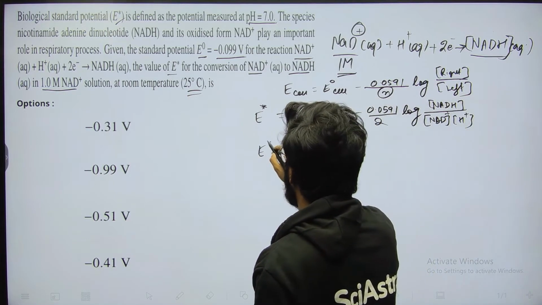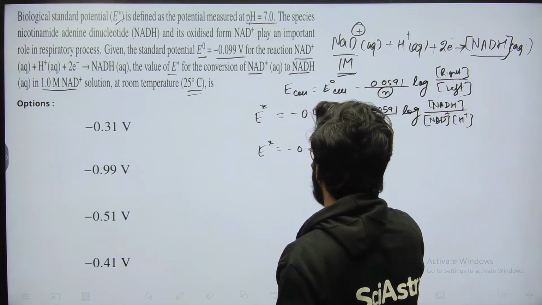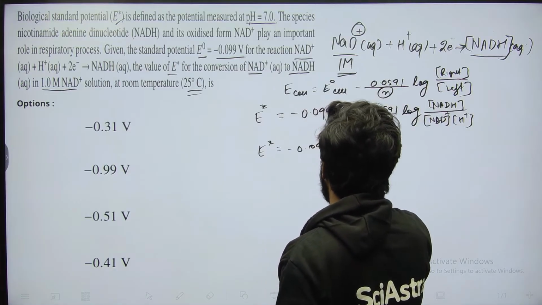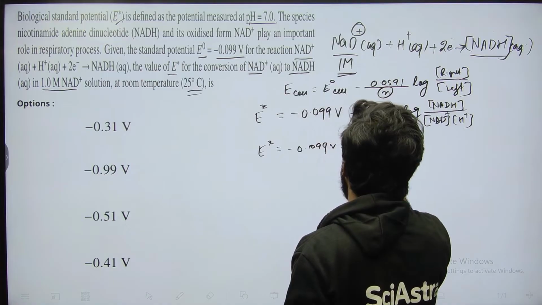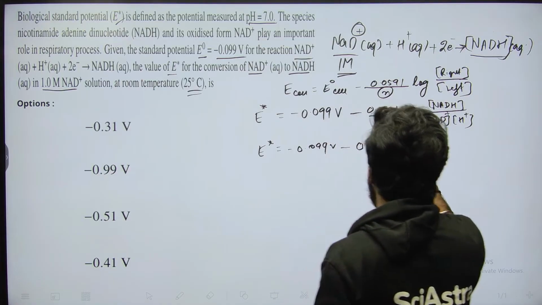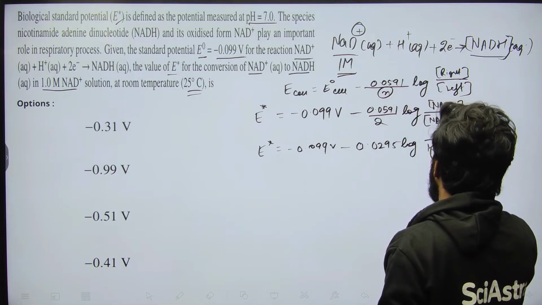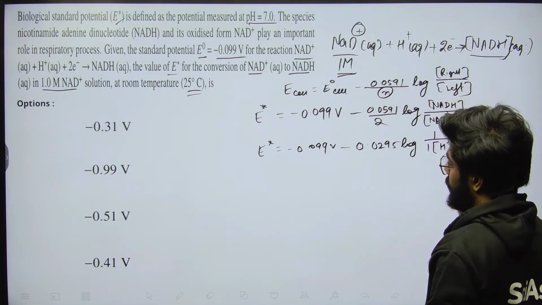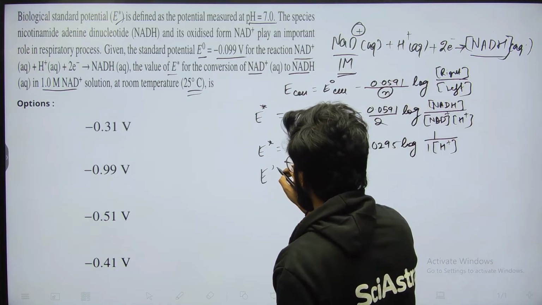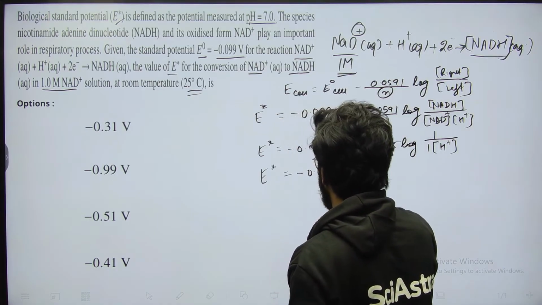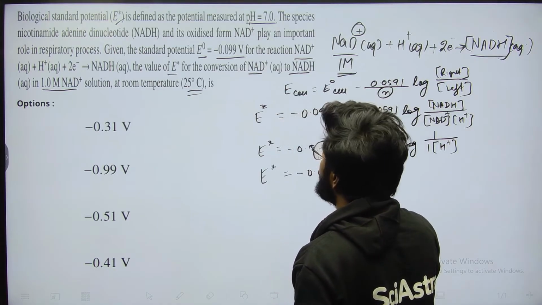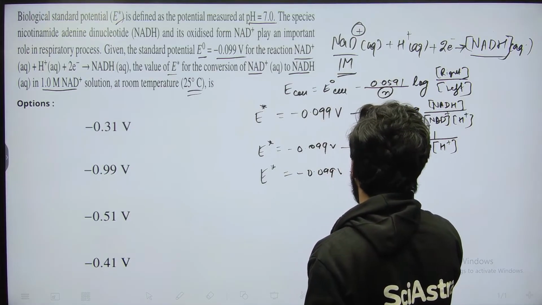So E star will be minus 0.099 volt minus what will be this 0.0295, something like that, log of 1 upon 1 into H plus concentration. Now let me just write it once again, 0.099 volt minus 0.0295.